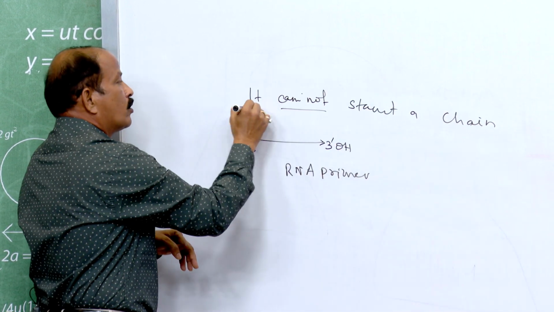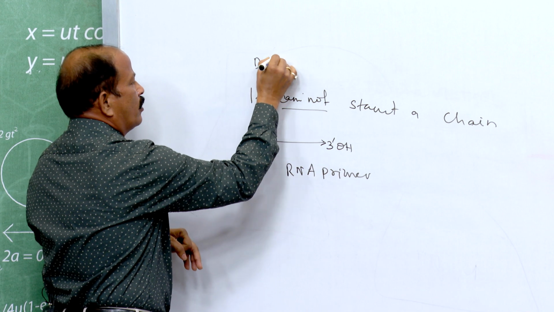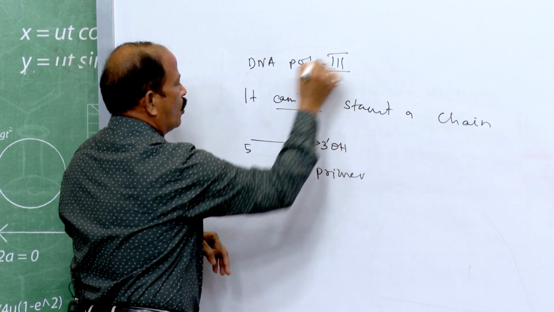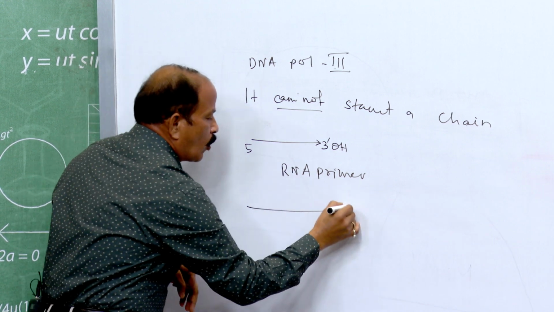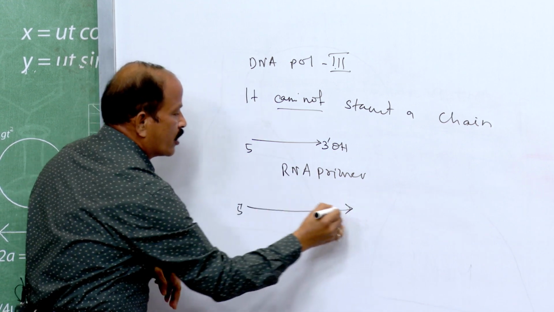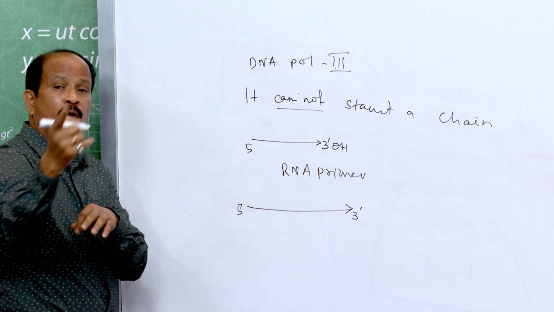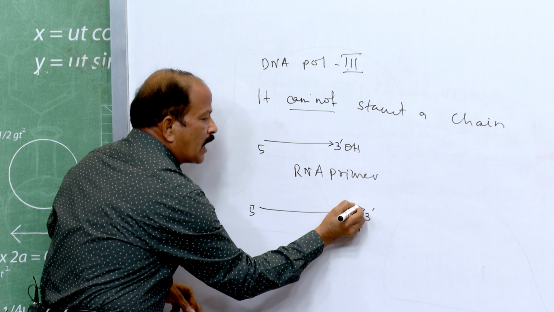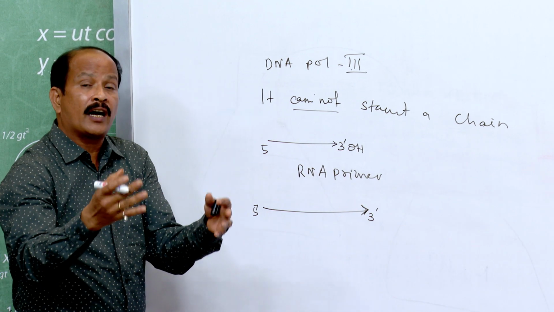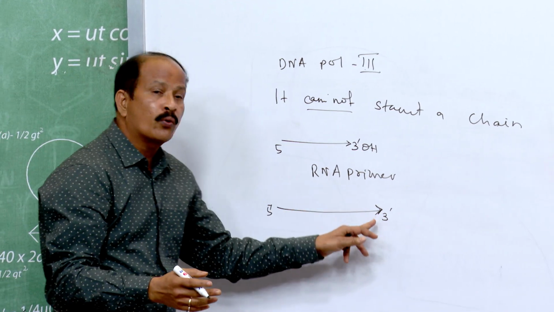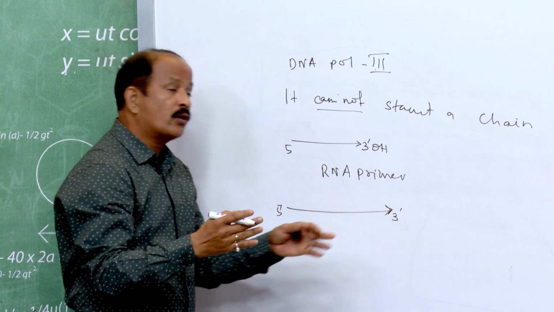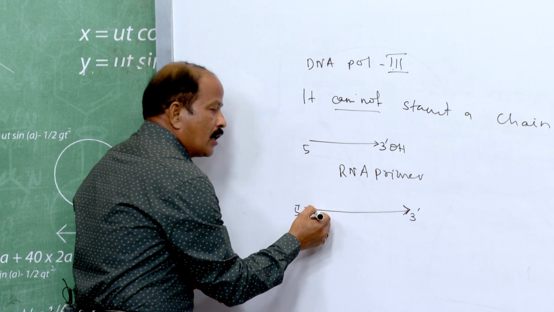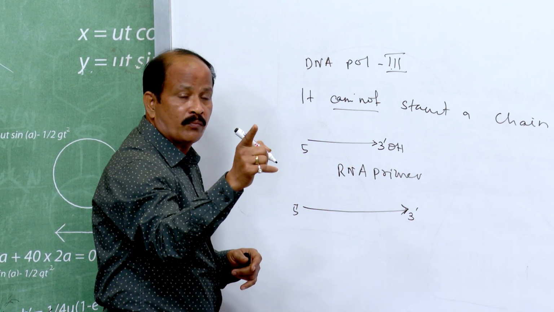Second, this DNA polymerase 3, DNA pol 3, always polymerizes in the 5' to 3' direction. The direction of polymerization is 5' to 3'. So, that is why an arrowhead is always given at the 3' end. It is the growing end, and further it is also bifunctional. It has a proofreading mechanism.